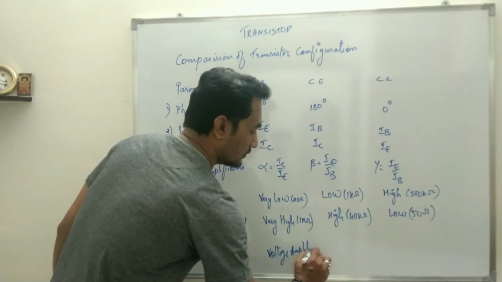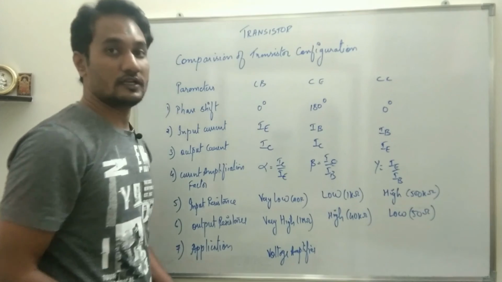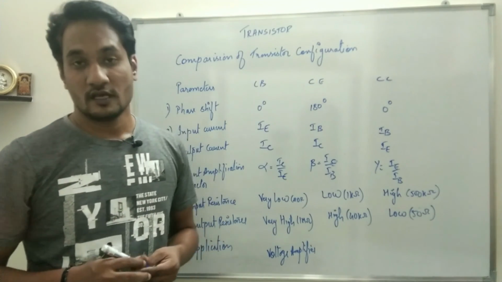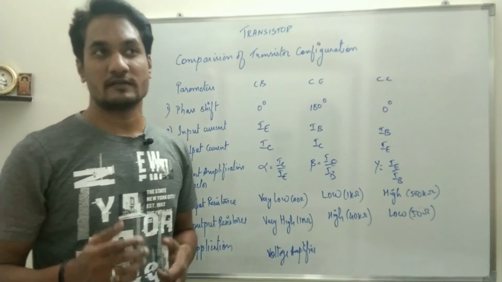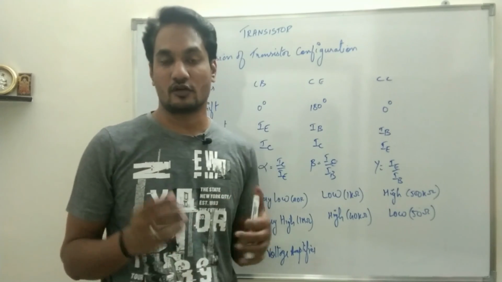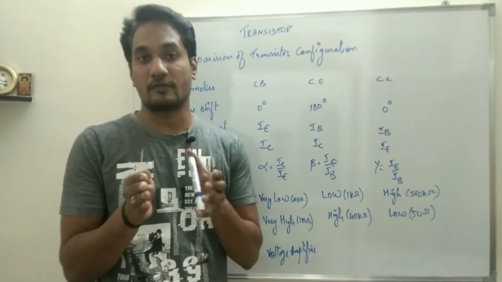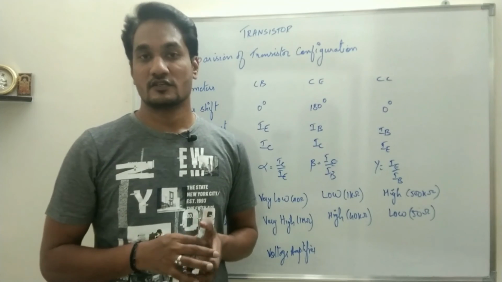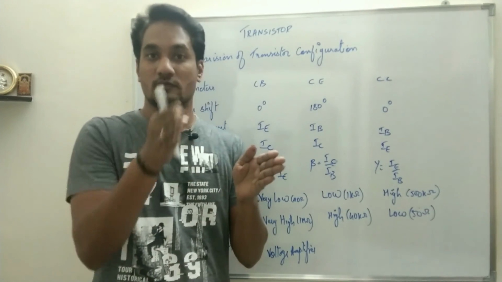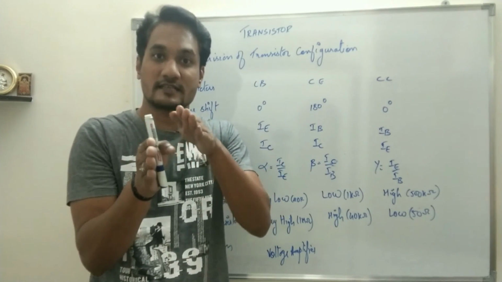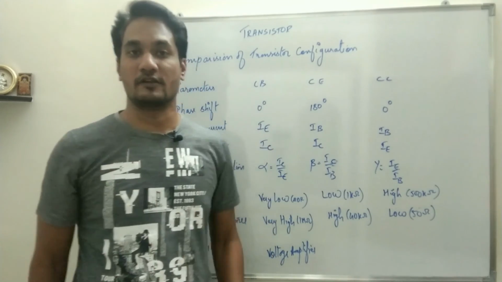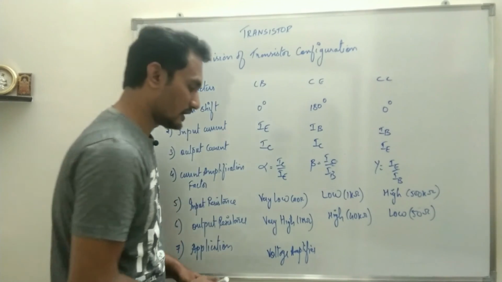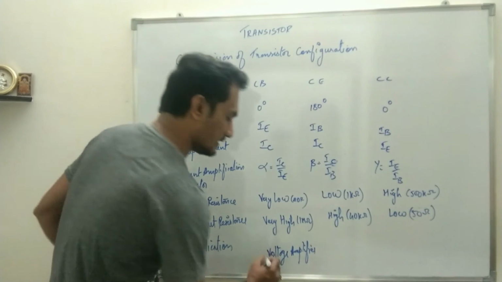Only if you want to increase only the voltage, we use a voltage amplifier, or sometimes we call it a pre-amplifier, because we generally don't use an amplifier only to amplify voltage. So it is one stage before the amplifier, which is called a pre-amplifier.